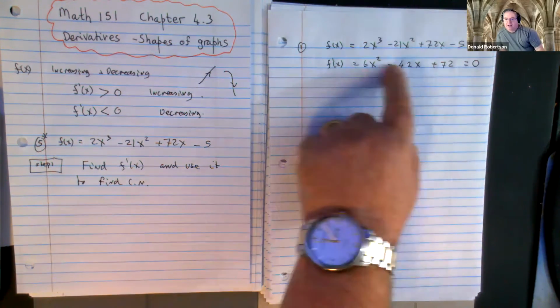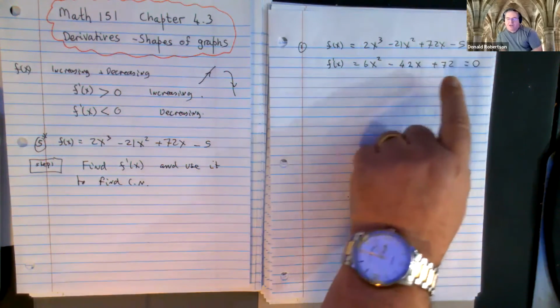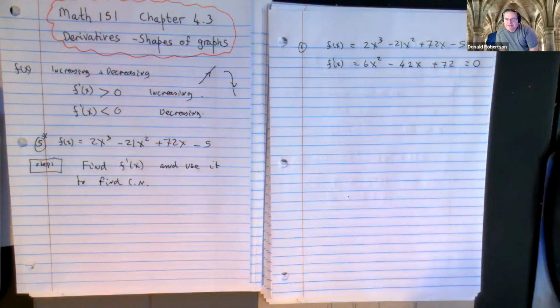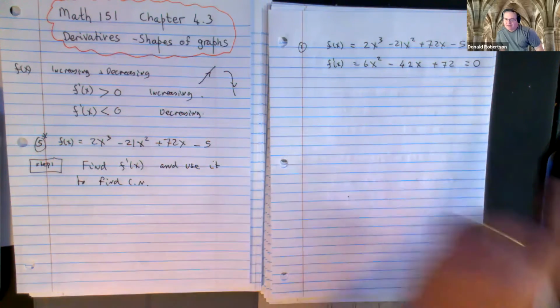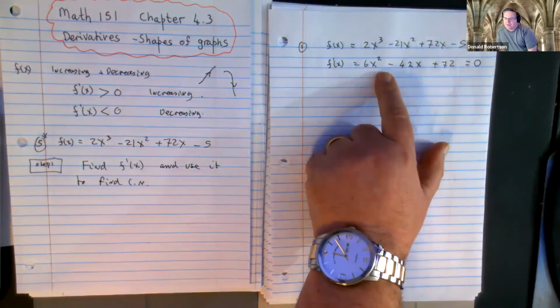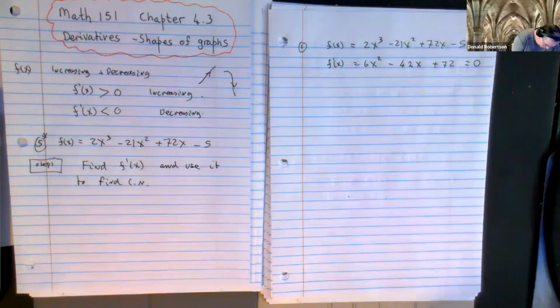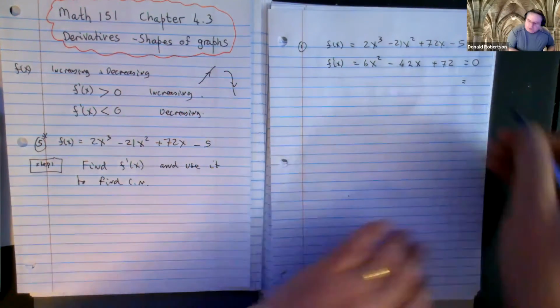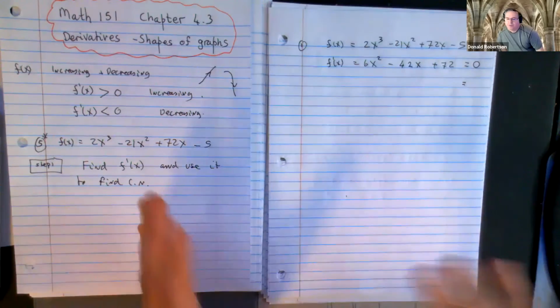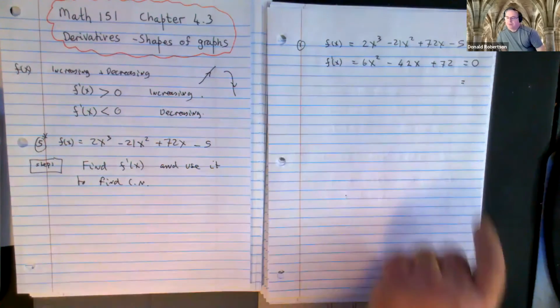Now, when I look at a guy like this and I'm saying, okay, I want to know when it's 0, my job should be to try and make it as easy as possible to solve. If I left it like this, that would be a horrendous thing to factor. Can anybody see what I can divide both sides by to make this a little bit easier?